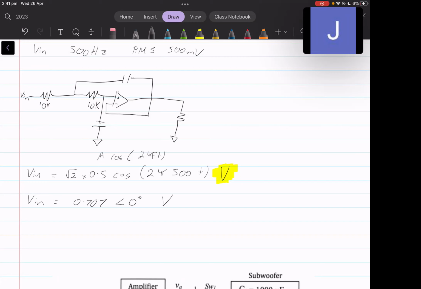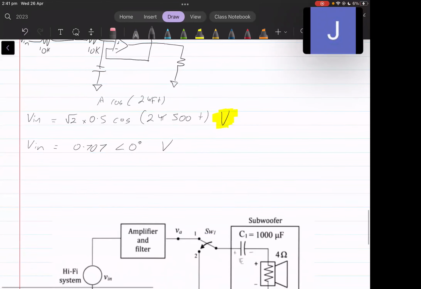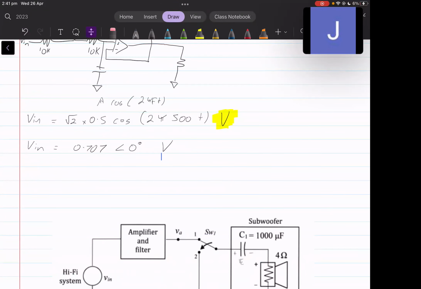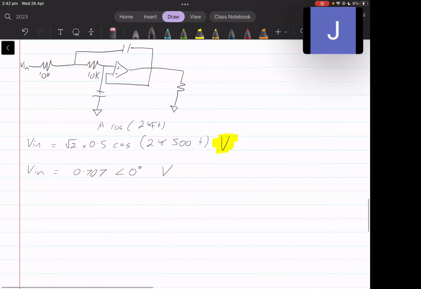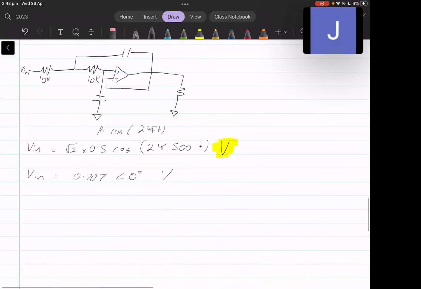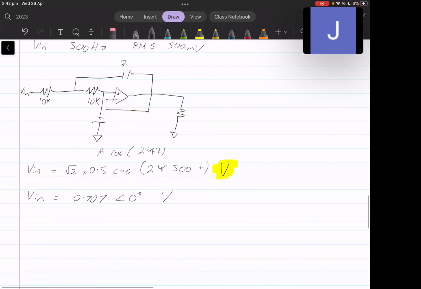So then the next step is to work out what the output voltage is. So the first thing we're going to do is look at these capacitors, which have 31.38 nanofarads. And we're only analyzing this at one frequency, so we can just work out what they should be, which is minus J10K.